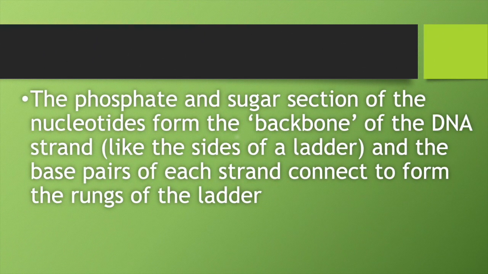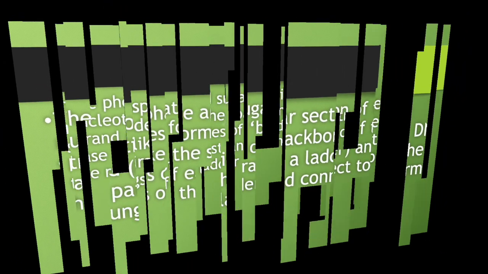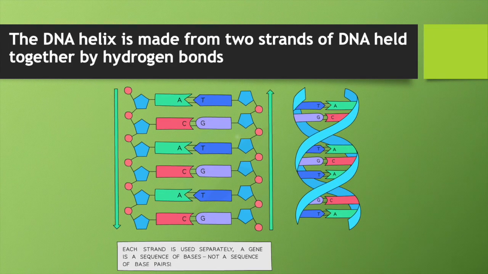The phosphate and sugar section of the nucleotides form the backbone of the DNA strand, like the sides of a ladder, and the base pairs of each strand connect to form the rungs of the ladder. The DNA helix is made from two strands of DNA held together by hydrogen bonds.